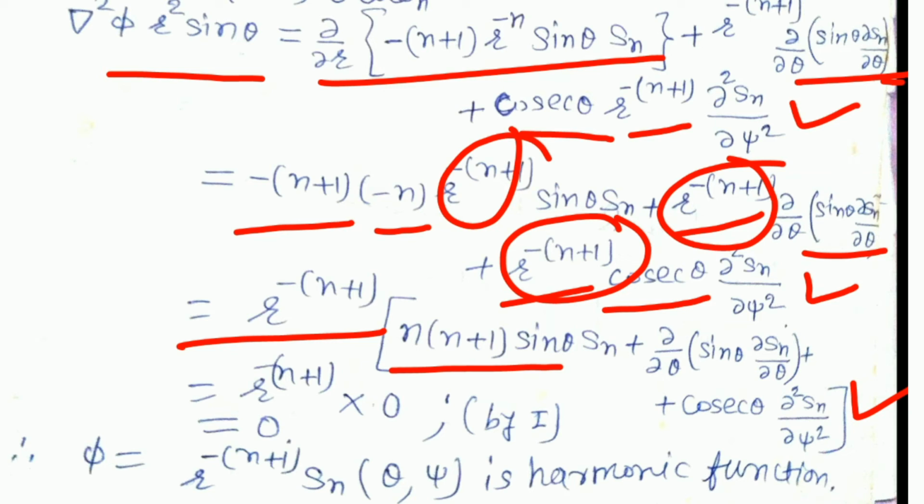So we know that equation first is n(n+1) sin θ Sn plus ∂/∂θ of sin θ ∂Sn/∂θ plus cosec θ ∂²Sn/∂ψ² equals 0.